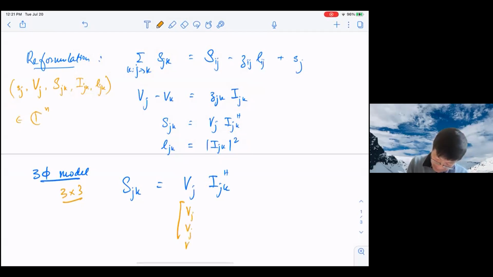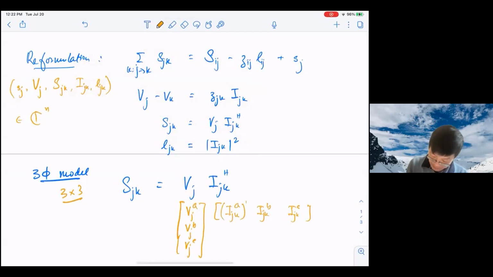So this is Vj, Vj, Vj, A, B, and C, the column vector. And this is Ijk, Ijk, Ijk, A, B, and C, row vector, but also complex conjugate.